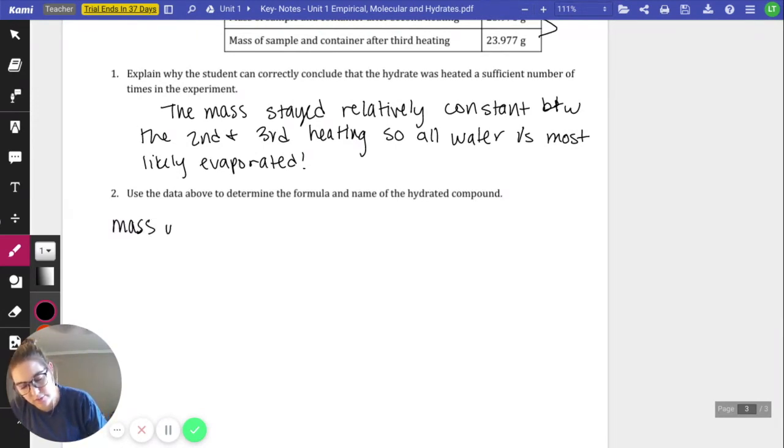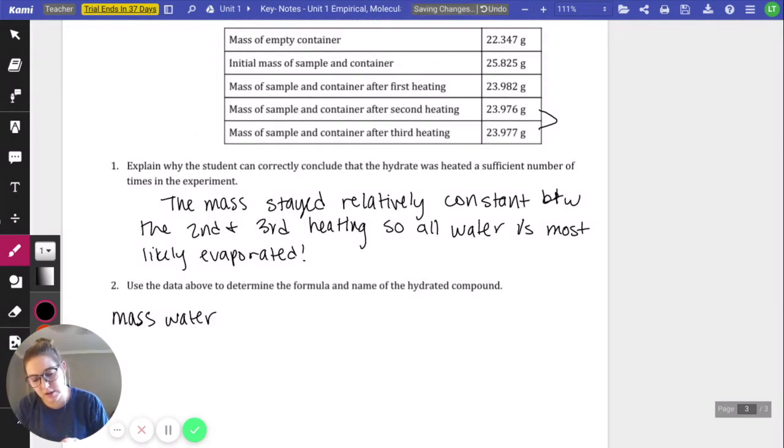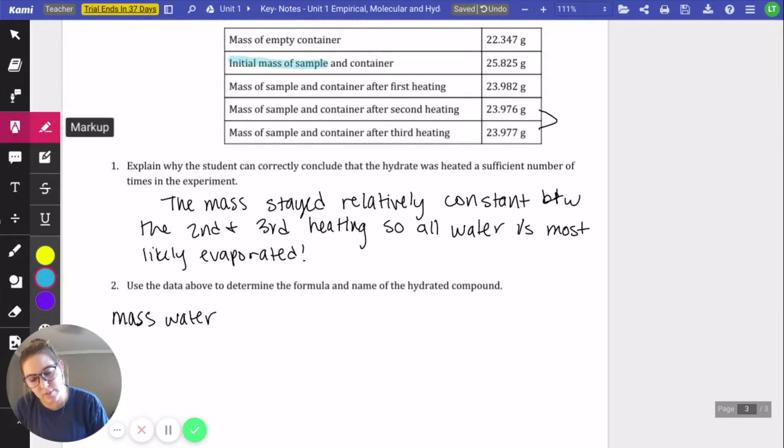To figure that out, we are going to subtract the mass of our sample and container after the third heating from our initial mass of sample and container, because that should tell us the difference between how much water we started with and what's left after it's all been evaporated. So it should tell us the amount of water that we have.